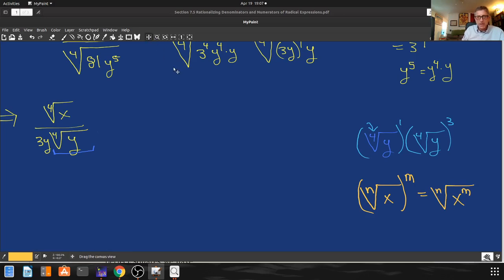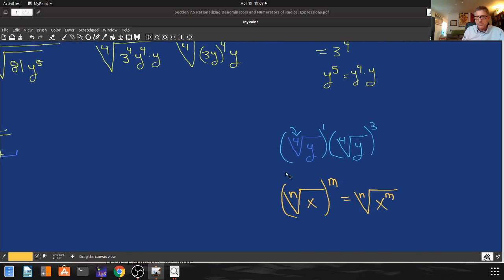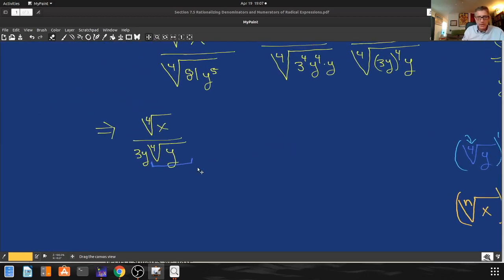So let's apply that right up here. This part right here is the same as the fourth root of y to the fourth power. And that's what we're going to use when we rationalize.